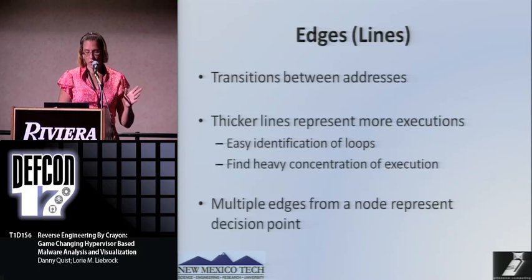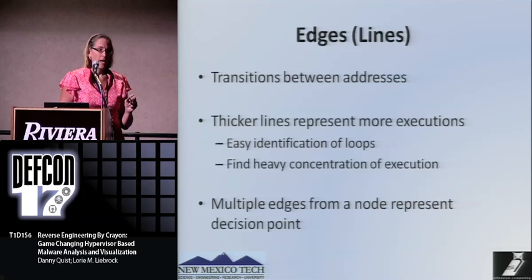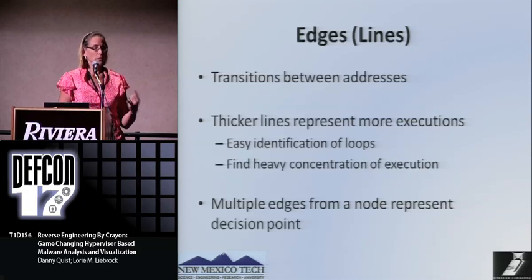So again, those transitions between addresses are going to give us more information about where we're spending time in the graph. But there's an assumption here that I just need to point out, and that is the assumption that during this single execution of the code, the thing you're looking for happened.